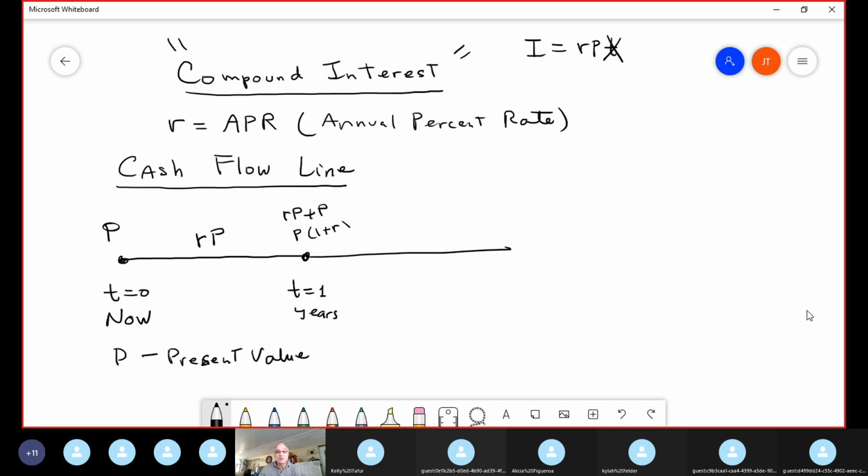Let's see what happens in the second year. T equals 2 years. Okay, this is the cash flow in that direction.